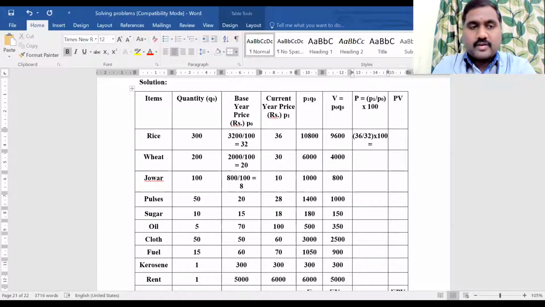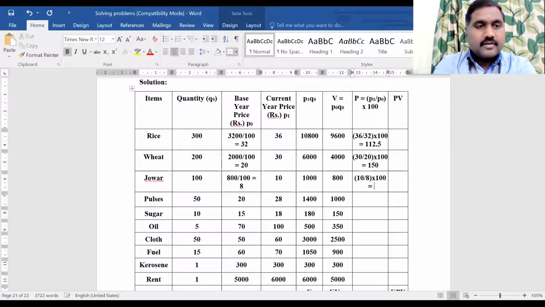So it is 112.5. Okay, now next one is P1 by P0. So 30 divided by 20 into 100. Okay, Arvind has given the answer 150. Thank you, Arvind. Okay. And next P1 by P0, 10 by 8. So next 10 by 8 into 100.